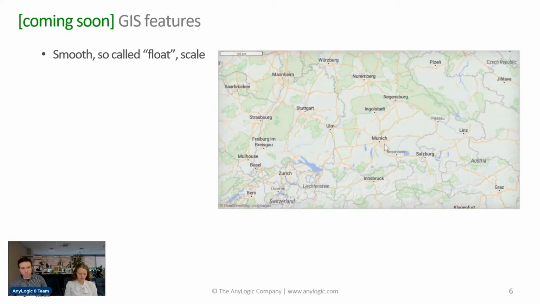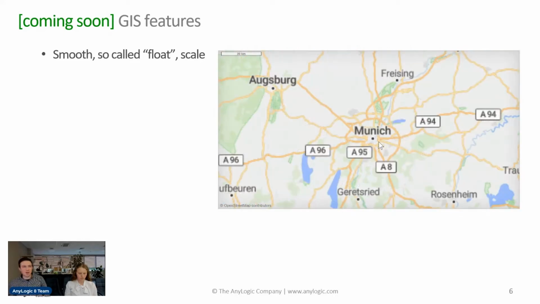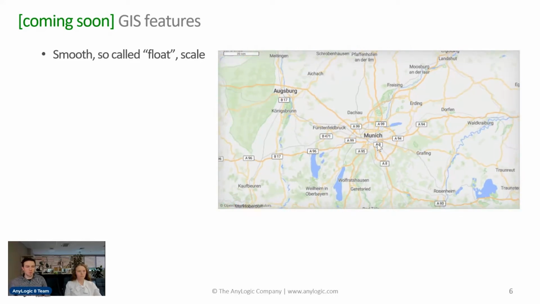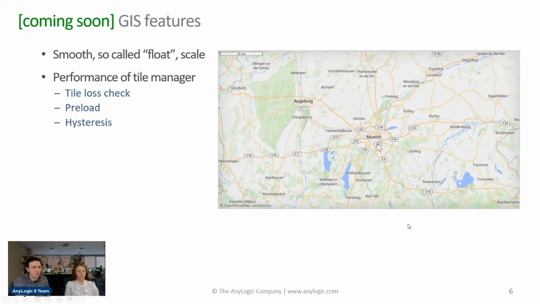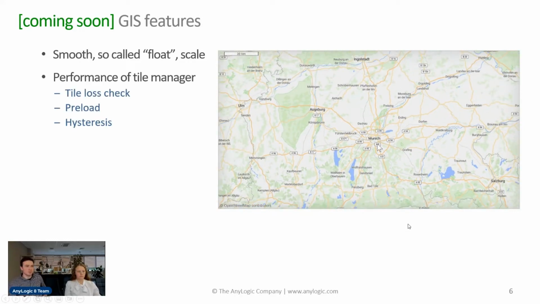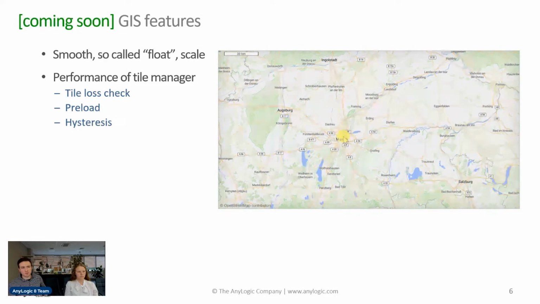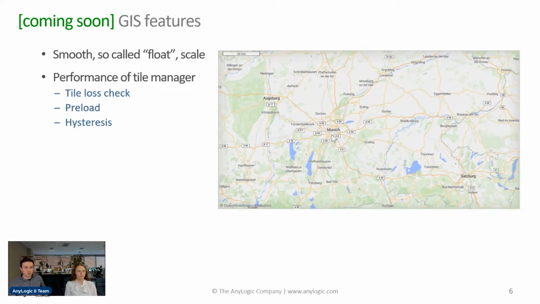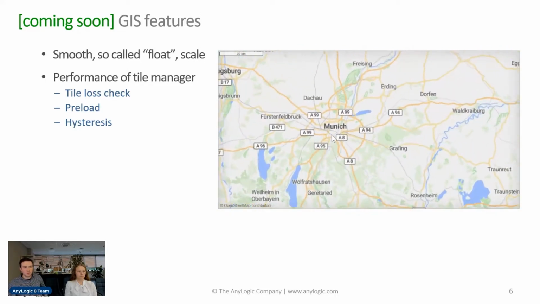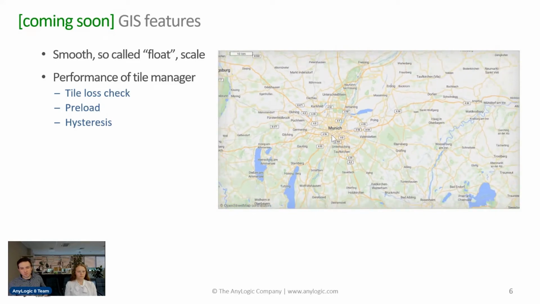To give the ability for floating scale, we need to work on the performance of our tile manager. We need to handle tile loss checks and tile preloading. For example, we need to support such things as hysteresis.